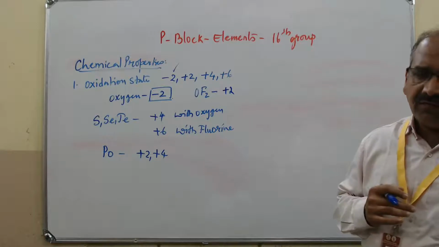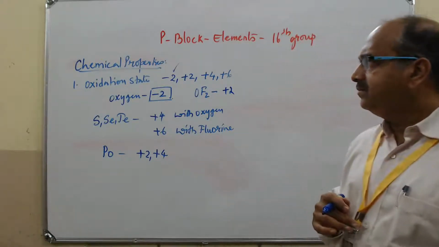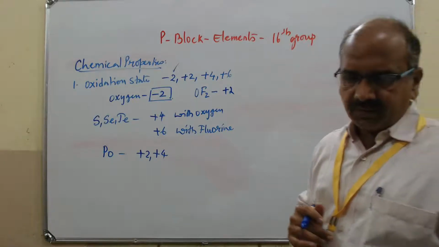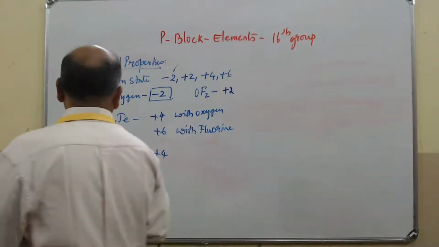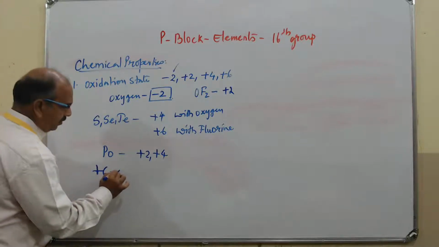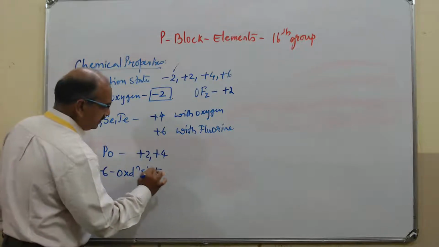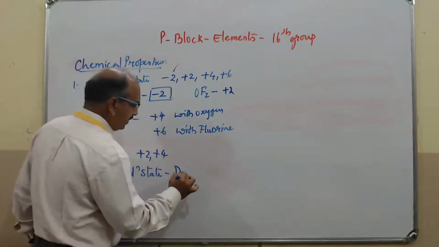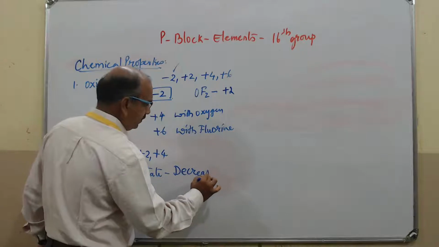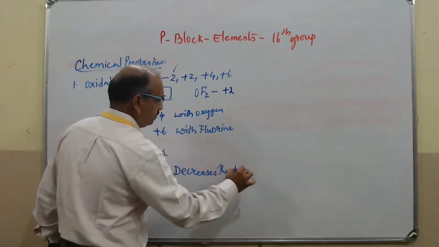Next, if you come down the group, what about the stable oxidation state? The +6 oxidation state decreases down the group.